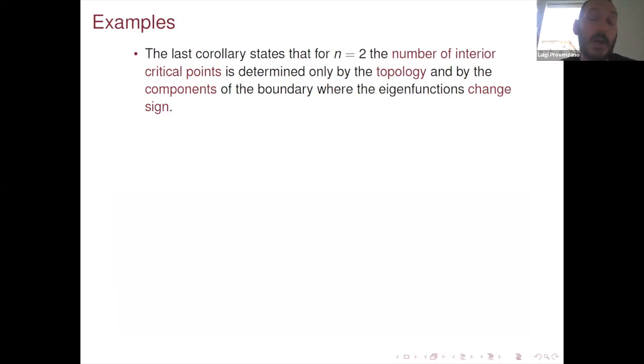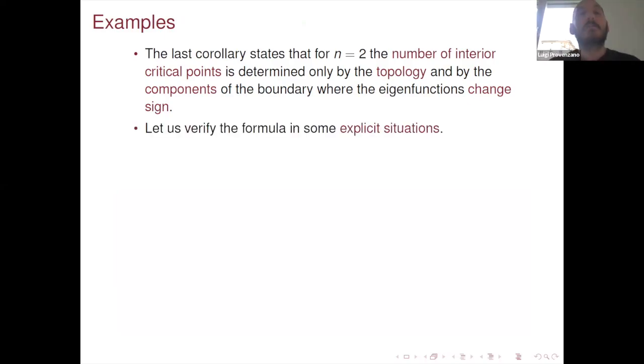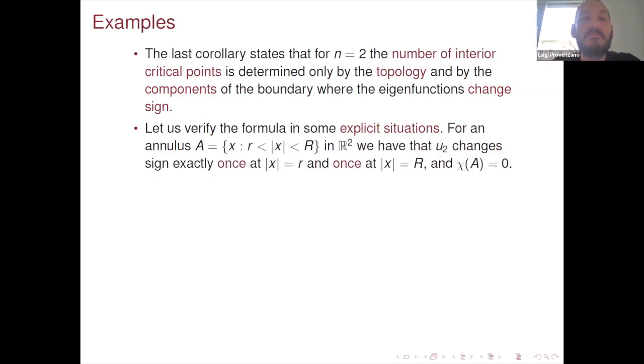The ones where the eigenfunction does not change sign do not enter in this sum. They do not matter. Let us verify this formula just for fun in some explicit situation. Now I will say something really trivial, but just some explicit computation that you do just to verify if your formula is reasonable. And let's start with very explicit examples.